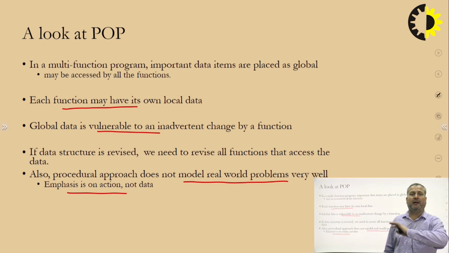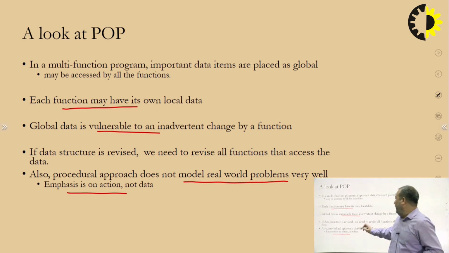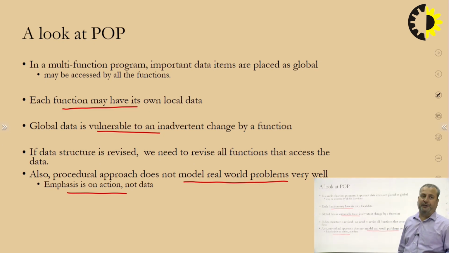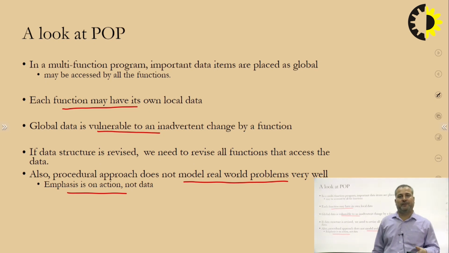Like a global variable, the data flows among the whole set of functions, so that could be breached or not secured. Further, if a data structure is revised, we need to revise all functions that access that data. Suppose we change some data structure, then that change would have to be reflected in the entire set of functions.